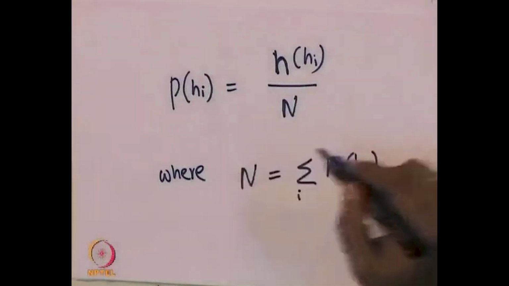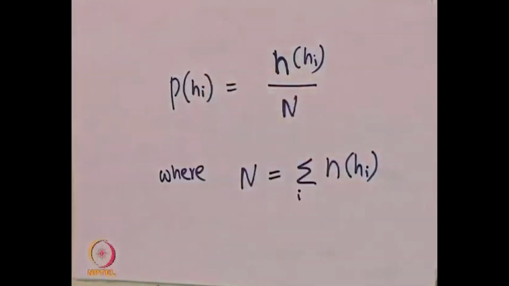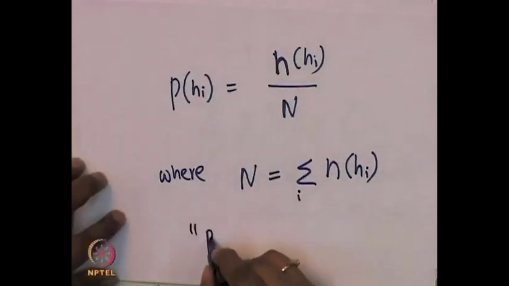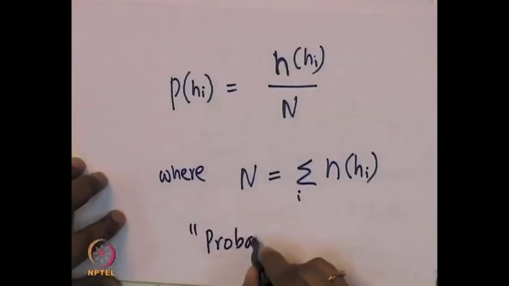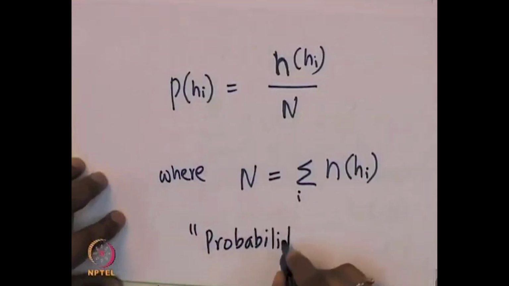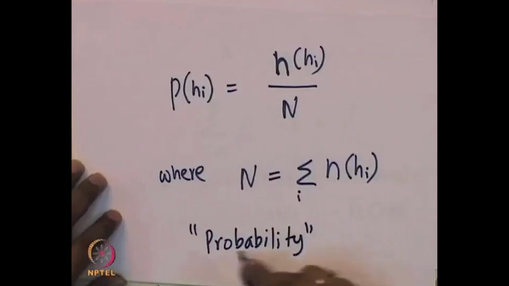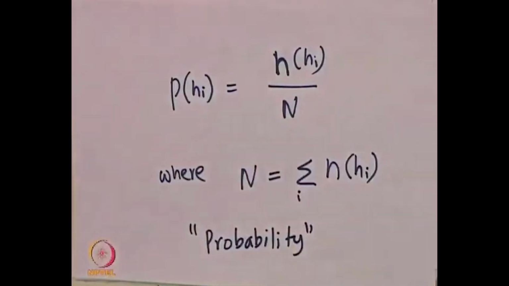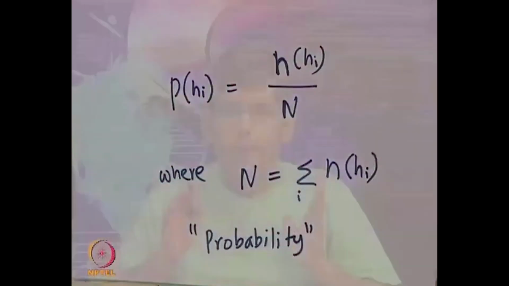So, if this is the case, what is P of Hi? We can call P of Hi a probability. We will later come and understand what this probability actually means, but let us call this a probability. Probability is essentially some number between 0 and 1. At this moment, it is for you to just realize the colloquial meaning of probability, which you all know.